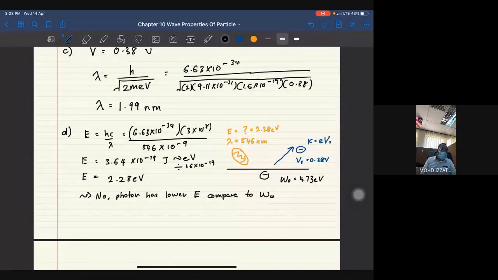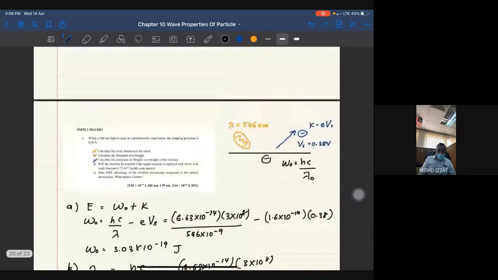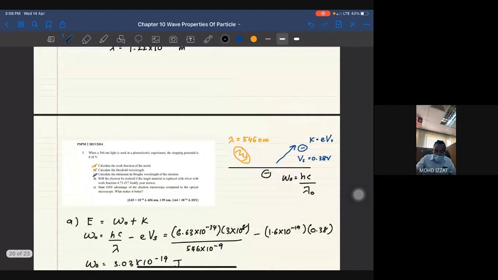And question E, actually they ask you very similar question to the previous question that we answered just now. Okay, state one advantage of the electron microscope. So this one is actually back to chapter 9. What advantage the electron microscope compared to the optical microscope? What makes it better? So obviously electron microscope has high resolving power.